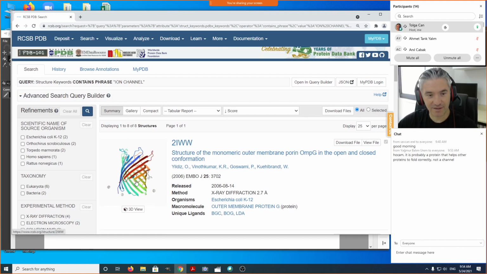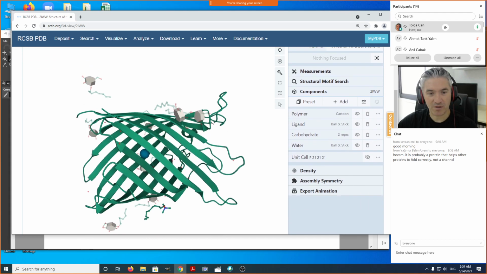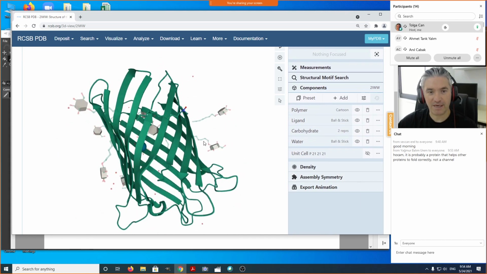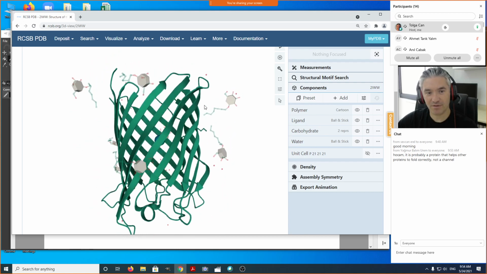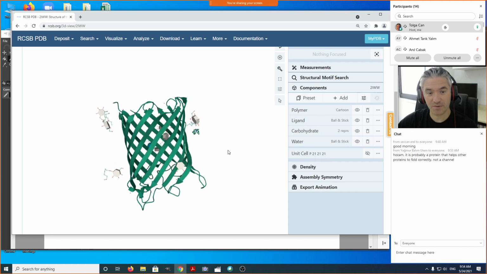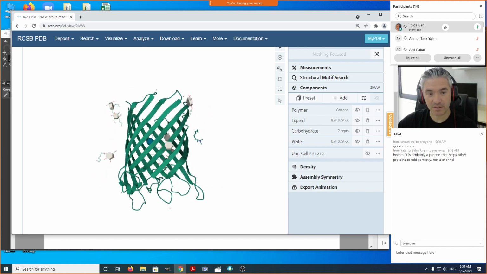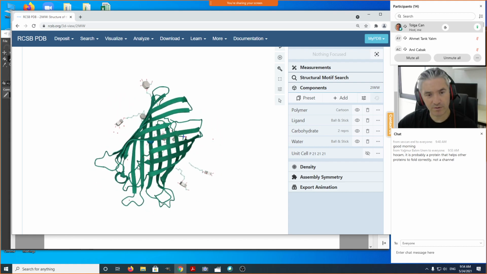I mean, look at this one, which is much smaller than the other. So this is an outer membrane protein, in open and closed formation. If you look at this, yeah, this makes more sense. Considering the previous one, this is a much smaller protein, but still it contains maybe hundreds of atoms. It's composed of all, so this is interesting.